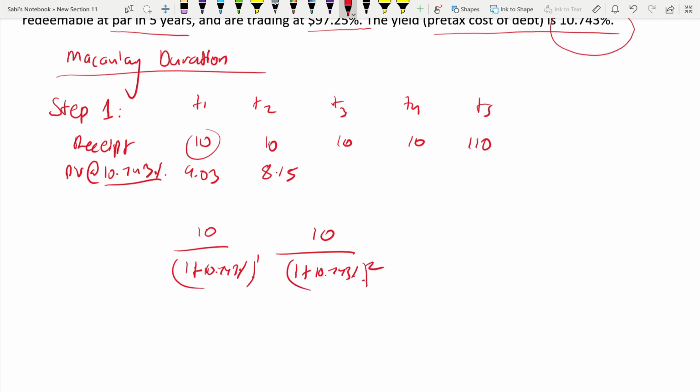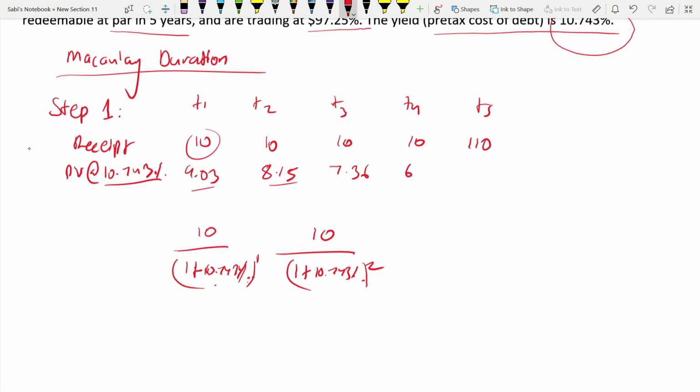That's how you get this figure. This is in terms of percentage, so put it in terms of decimal and add it to 1. And don't forget the powers 1, 2, 3, 4, 5. That's how you find the present value. I've just shown you the manual way because Excel will be able to do it, but you need to know the manual way as well as using the table.